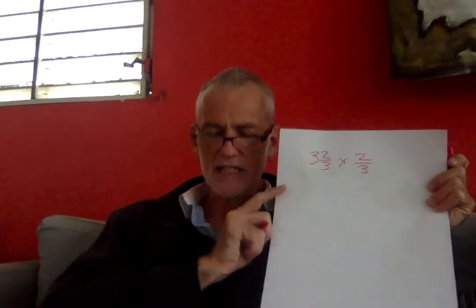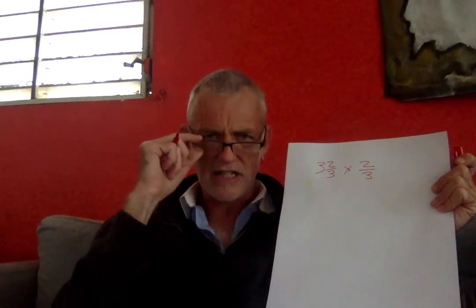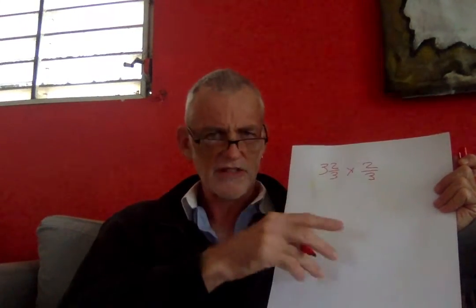I'm going to multiply that by 2/3, because this is how much he collected on Friday. On Saturday, he collected just 2/3 of that.